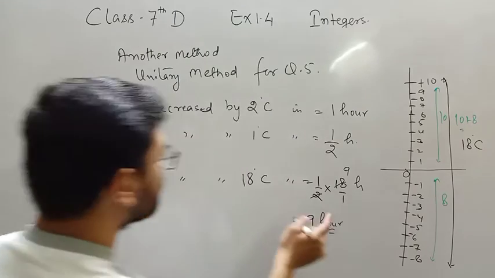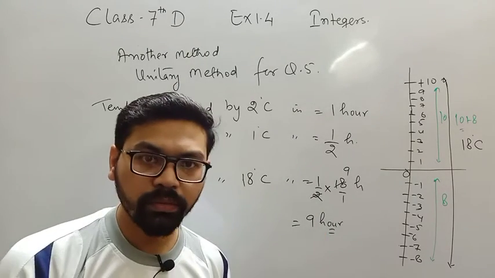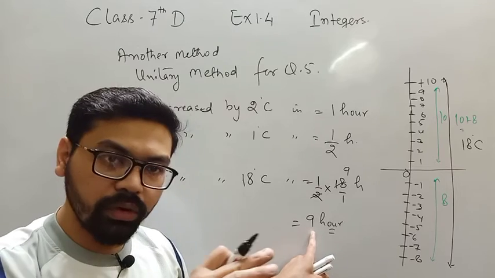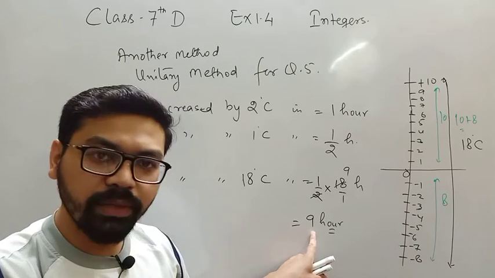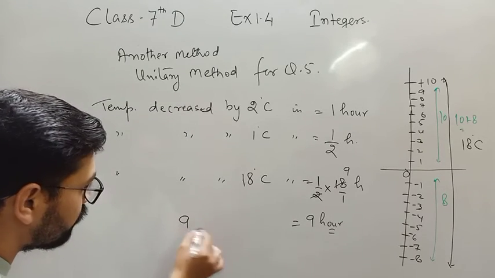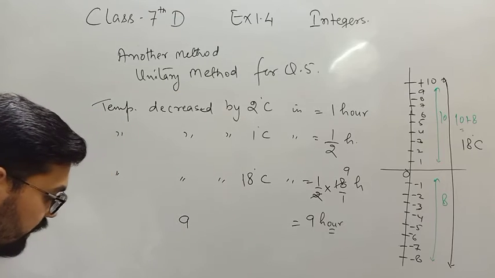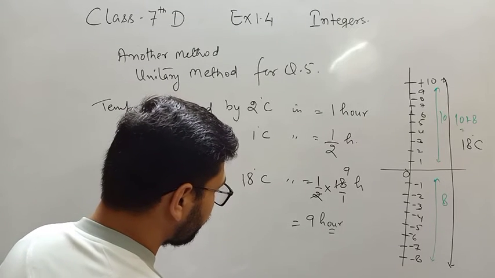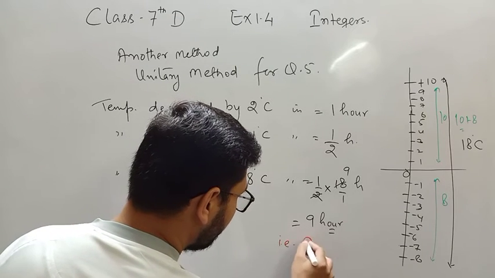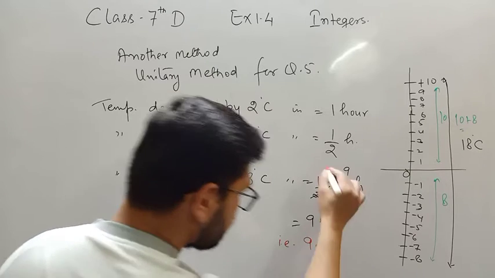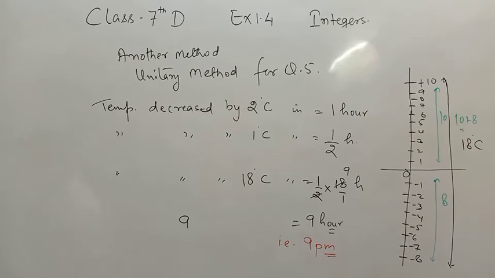So 9 hours from 12 noon, 9 hours means 9 p.m. So this is another method to solve the question. Please note it down fast. So this is the first part A.